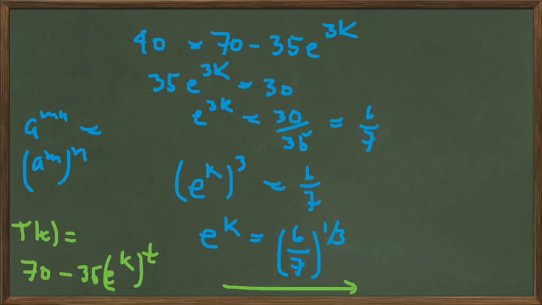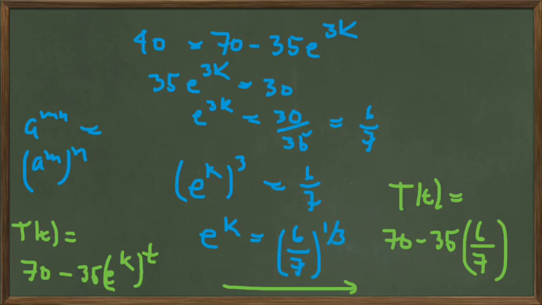So if we rewrite that, we get T of t equals 70 minus 35 times e to the k, which is 6/7 to the 1/3, to the t, or 6/7 to the t over 3. That is our solution, and that's the temperature of the beer at any time t.